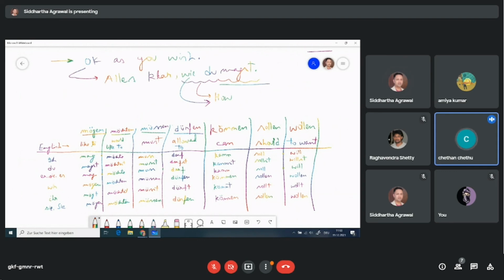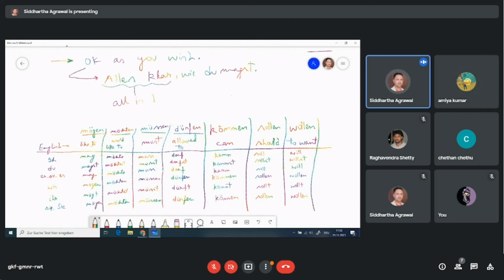Maybe you can take it as a fixed proverb sort of thing that we use "wie du magst" for "as you wish." And "alles klar" means all is clear.